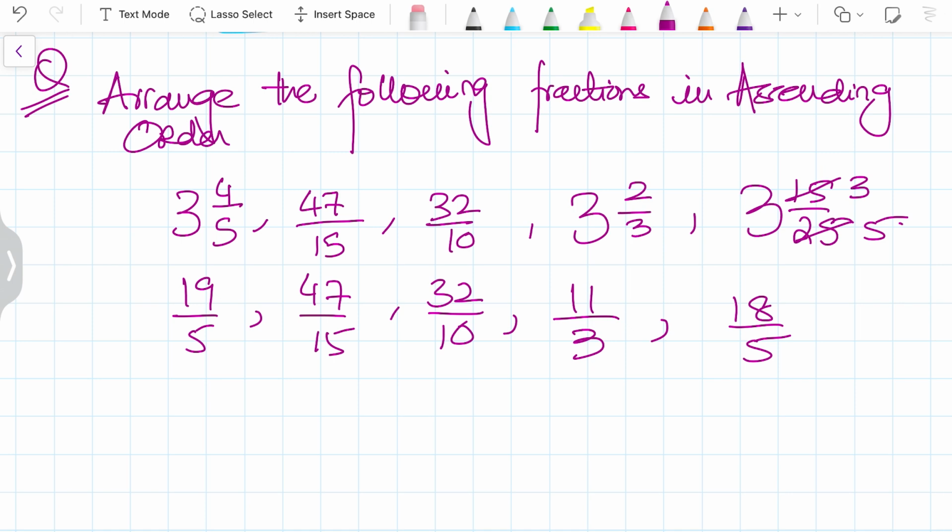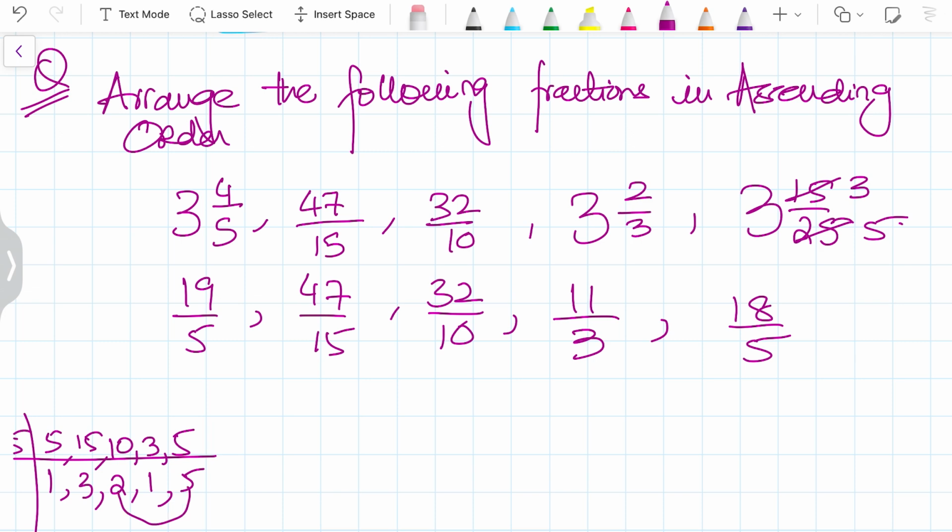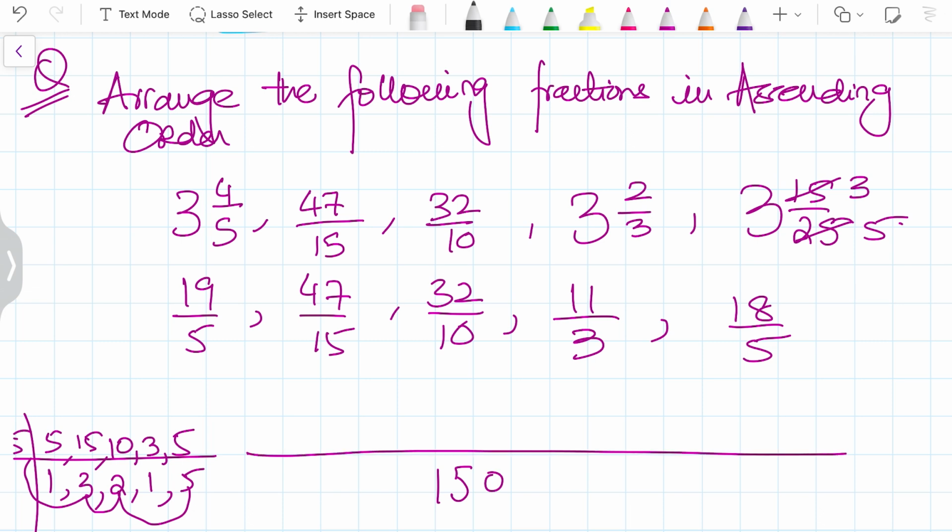Alright, so if I take the LCM of 5, 15, 10, 3 and 5, it's going to be 5 times 2 is 10, 10 times 3 is 30, 30 times 5 is a 150. So this is going to be a 30, then multiply by 10, multiply by 15, multiply by 50, multiply by 30.